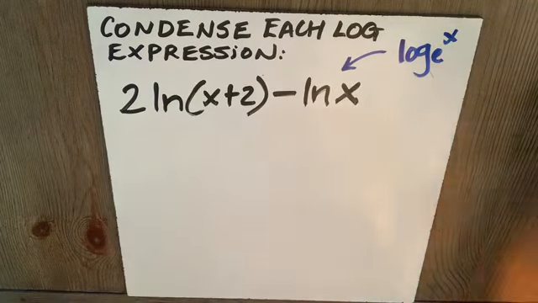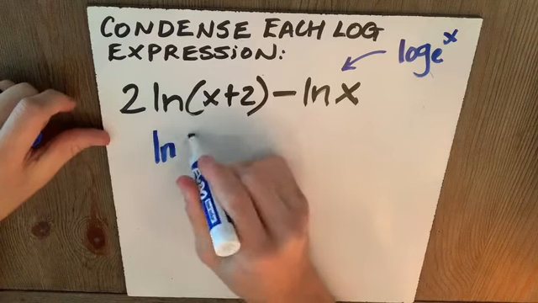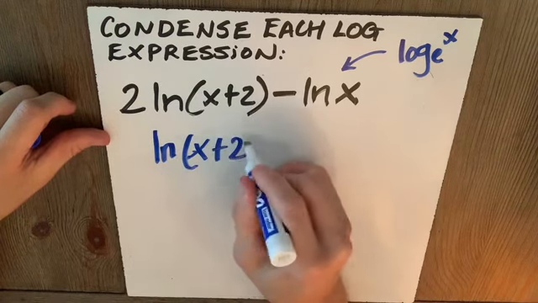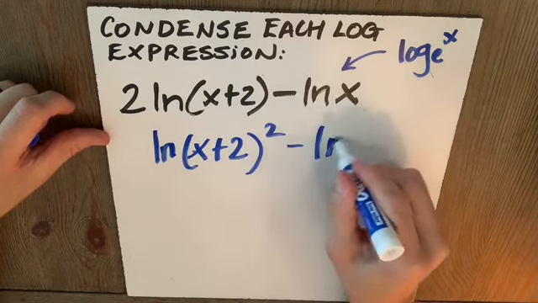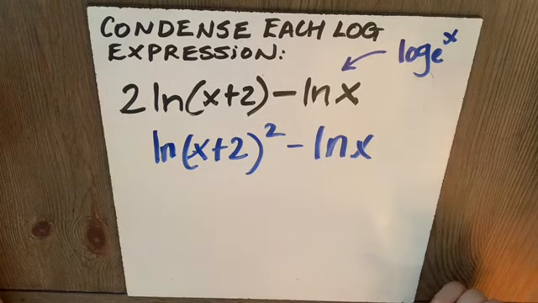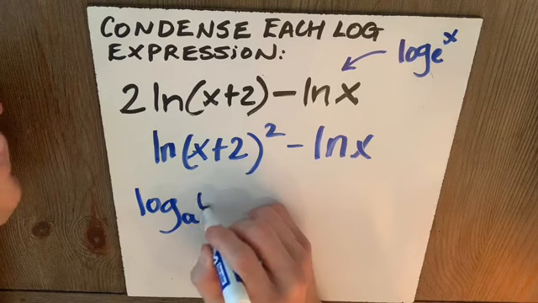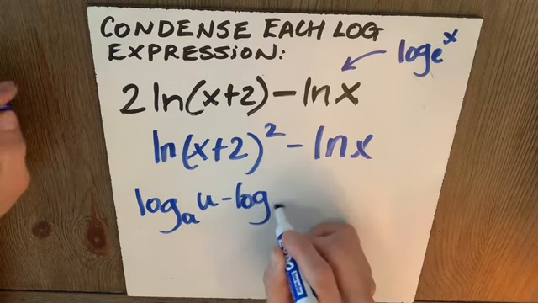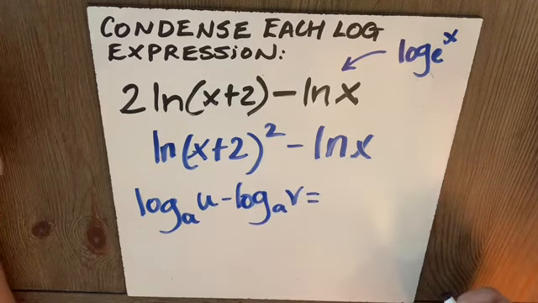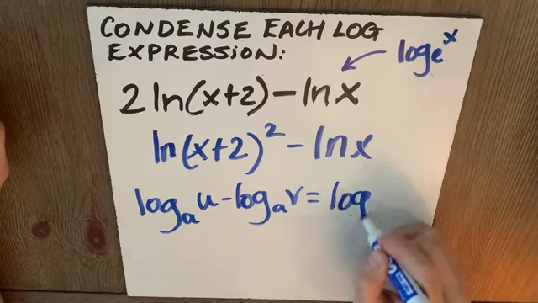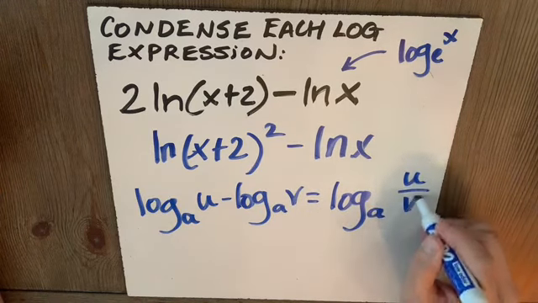So I write this as natural log of x plus 2 squared minus natural log x. Now recognize that we have log base a of u minus log base a of v. This is the quotient rule, so that's log a of u divided by v.